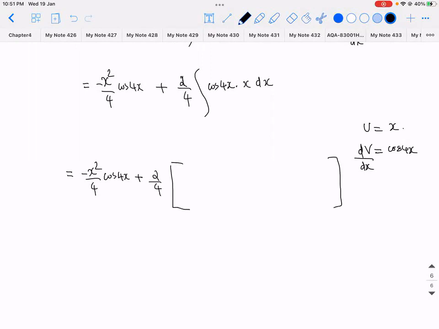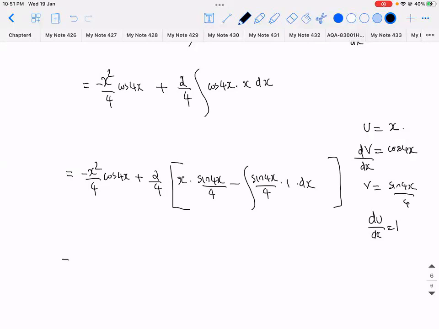This becomes x times, and if dv by dx is cos 4x, then definitely v is sine 4x over 4. Then minus the integral of sine 4x over 4, that is our v, times the derivative of x, which is 1, dx.